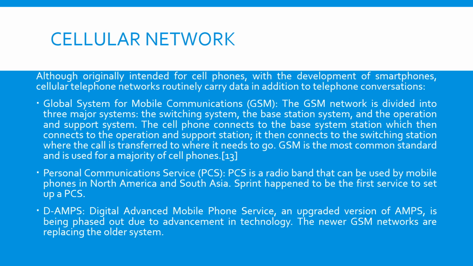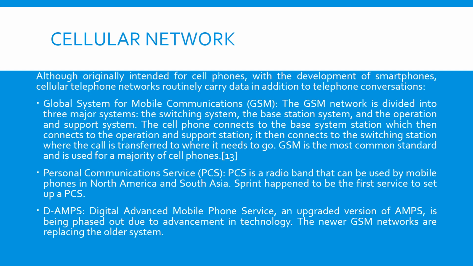As we all see, we use a SIM card to connect a mobile phone to a network. So this SIM card uses a particular type of frequency to connect to the network. So this particular system of communication is known as the GSM.